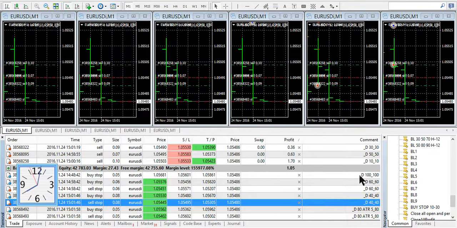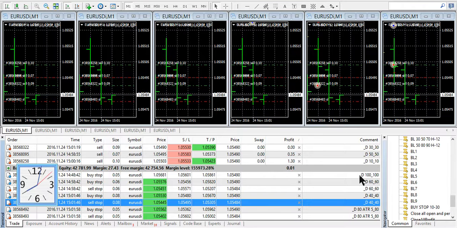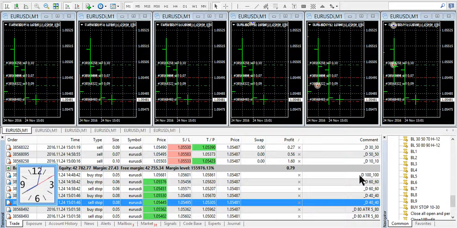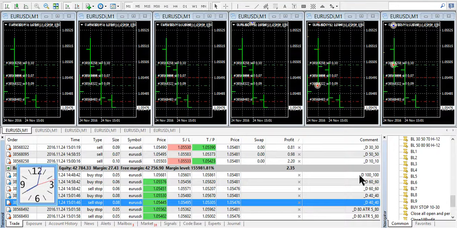Okay, now I'm looking at the chart. Looking 5 more pips maybe. And if it doesn't take the profits, I'm going to get out. 3 more pips down. Okay.